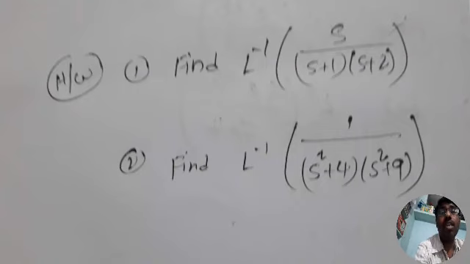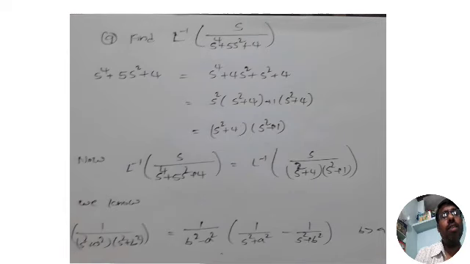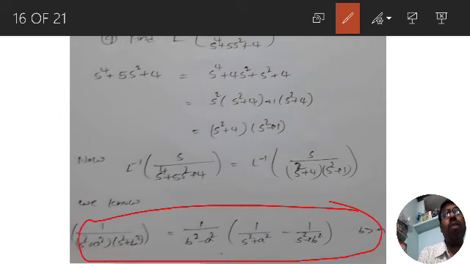And the second homework is find L inverse of 1 by s square plus 4 into s square plus 9. Again using the formula. What is the formula you have to use here? Which formula you have to use? Yes, this is the formula you have to use. This formula you have to use in the homework problem also.